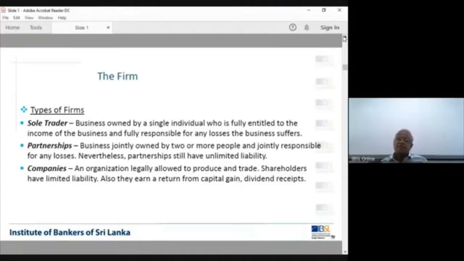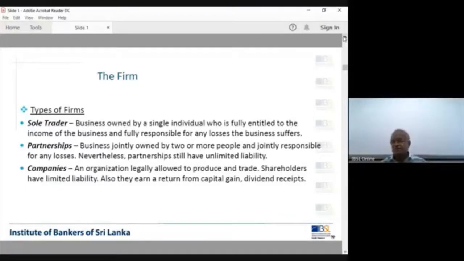If you can't meet all these liabilities, you have to sell your own personal assets and settle the debt. Unlimited liability.